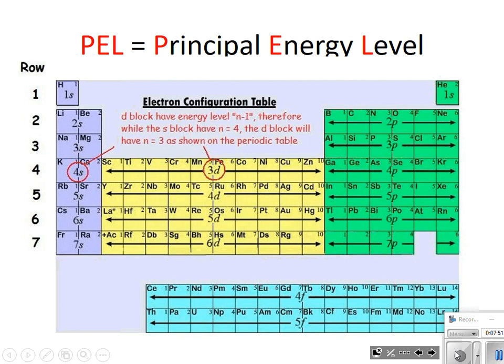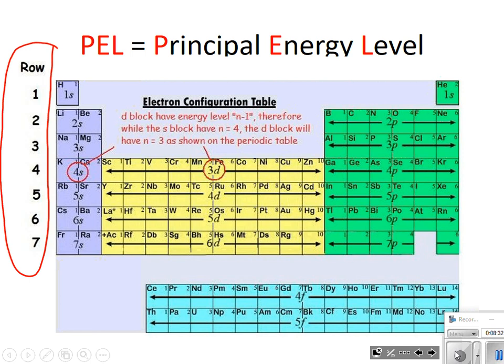I want you to write directly on your periodic table. Off to the left of that table, I want you to number 1 through 7. Those are the 7 main energy levels, which we call the principal energy level.